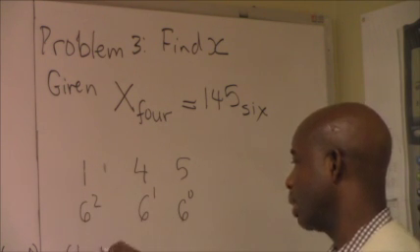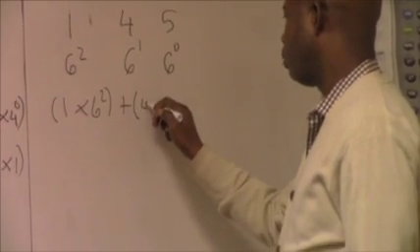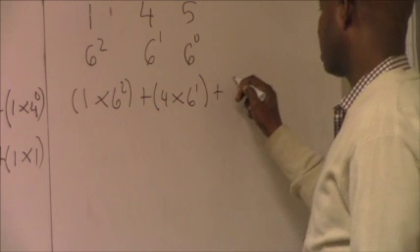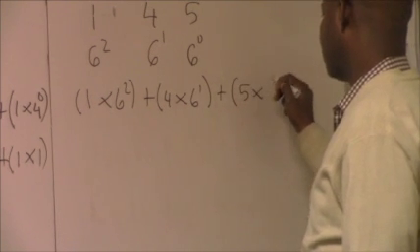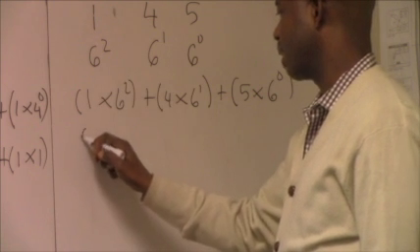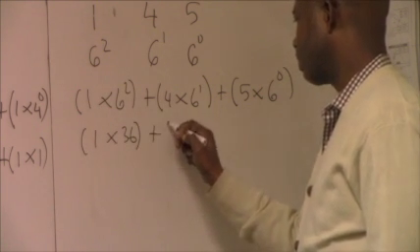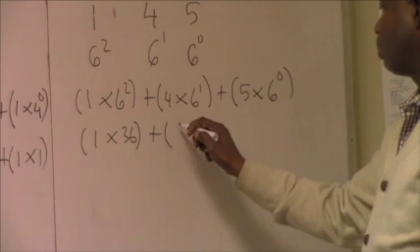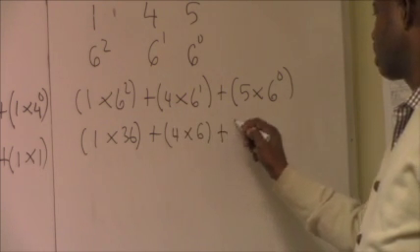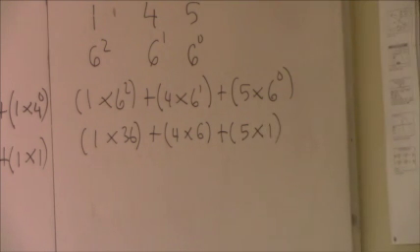So that will be 1 times 6 squared plus 4 times 6 to the first power plus 5 times 6 to the 0 power.